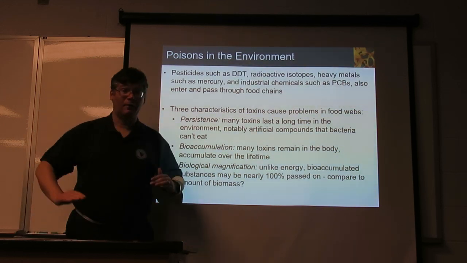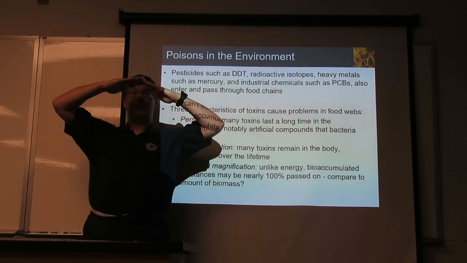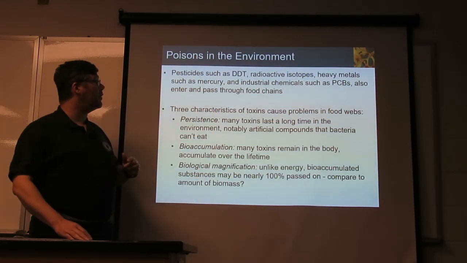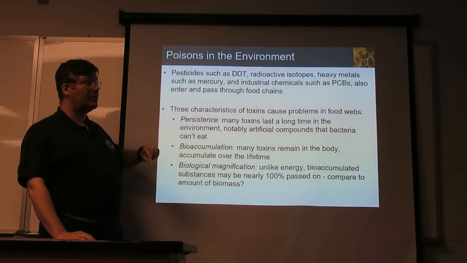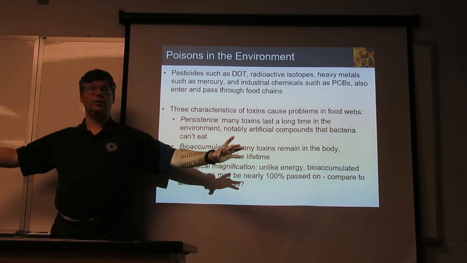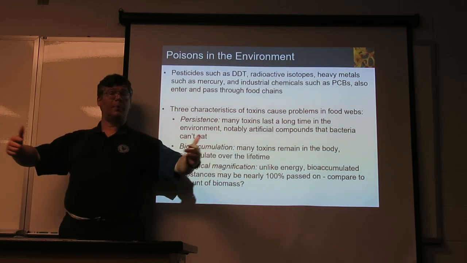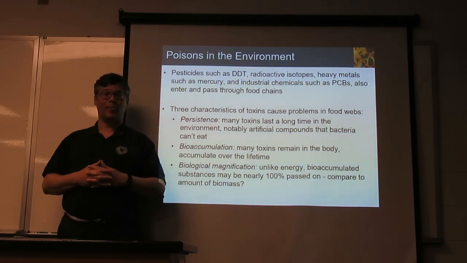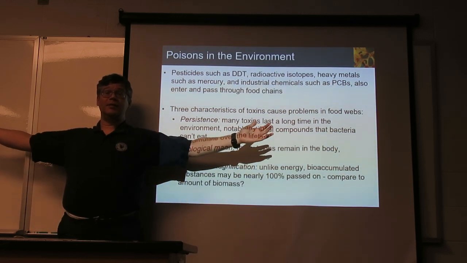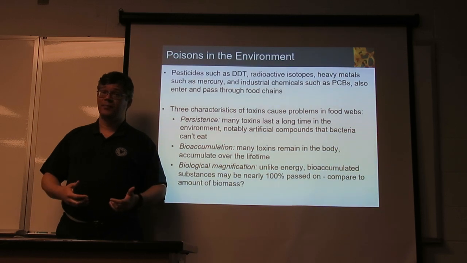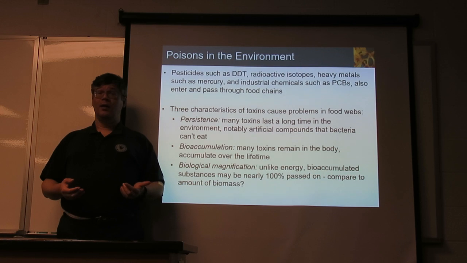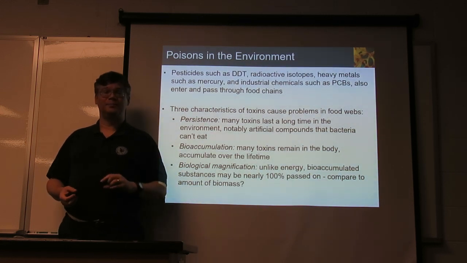Okay, remember those pyramids for biomass. So let's say we've got some starting chemical, and a little bit gets into our plants. One animal coming along eats a bunch of plants, and all the chemical from the plants it's eaten is in that.